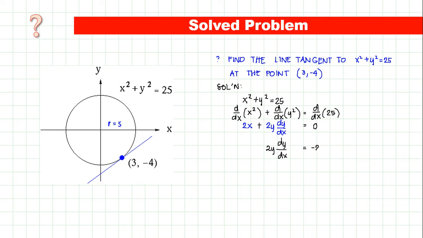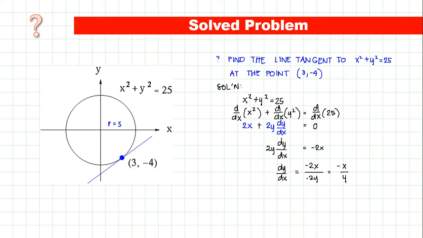It is equal to negative 2x. Tama, no? Nilipat ko lang sa kabila yung 2x. Kaya naging negative siya. And simplify pa natin, yung dy dx is now equal to negative 2x divided by 2y. And that is negative x over y.